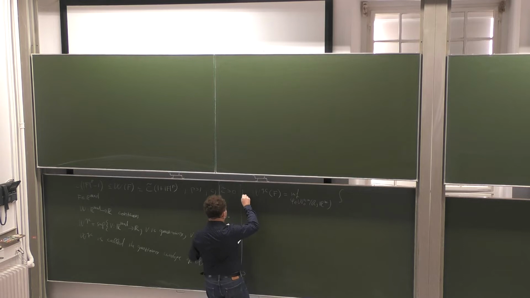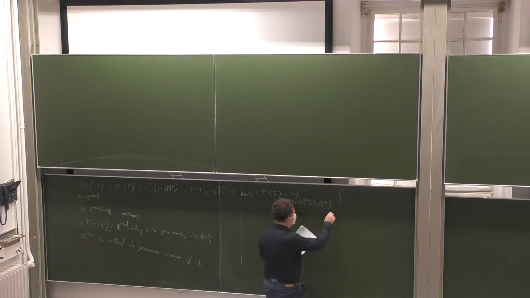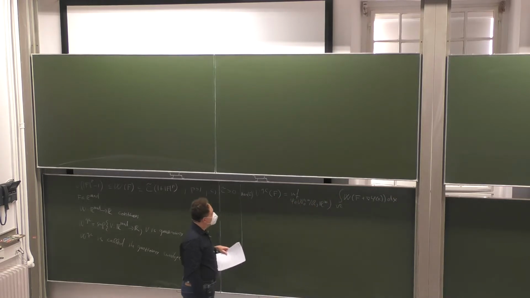Maybe let me put here the measure of Ω times WQC, and then I have the integral over Ω of W(F + gradient φ(x)) dx.